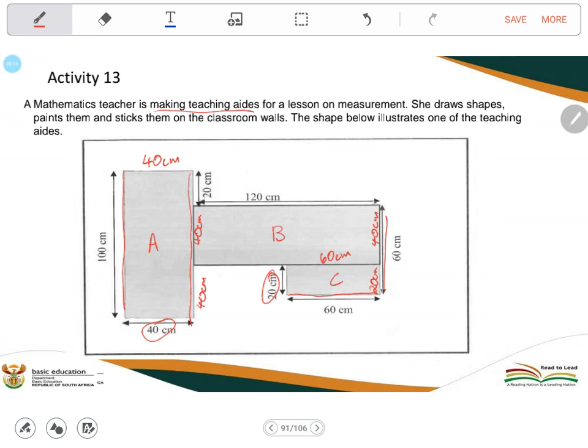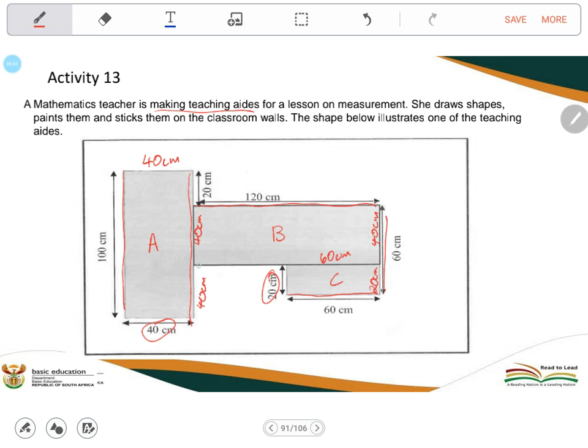Okay, what else is missing here? I think we have all the sides. Oh, this side is 120 centimeters on rectangle B, so this side also must be 120 centimeters.